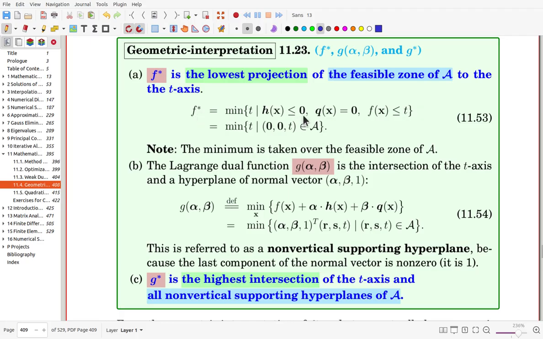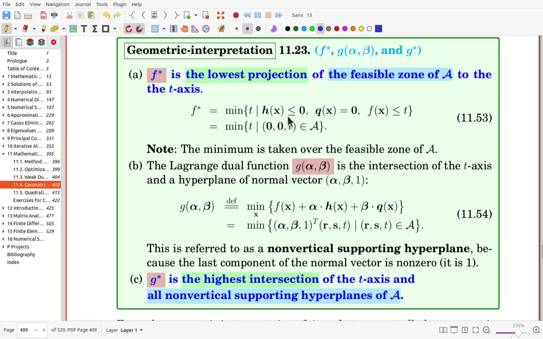But this one is now r is 0, s is 0, and among the points along the t-axis we try to get the minimum. In fact this one is the projection of the feasible zone of A, because x and q are satisfying the feasibility of the conditions, the primal conditions.